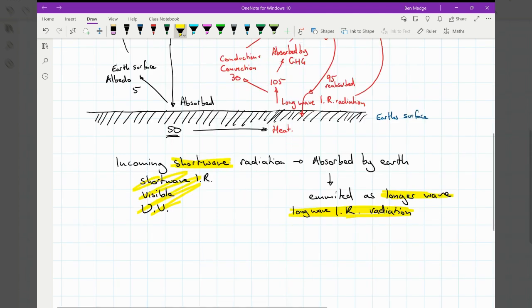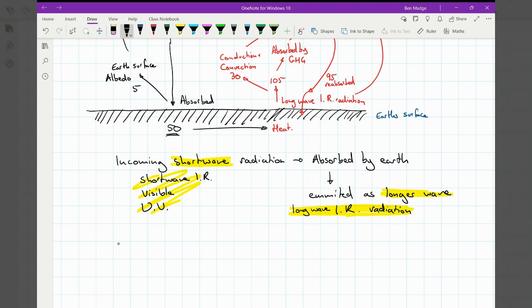If we did not have a natural greenhouse effect, we would be 33 degrees centigrade cooler as a planet.